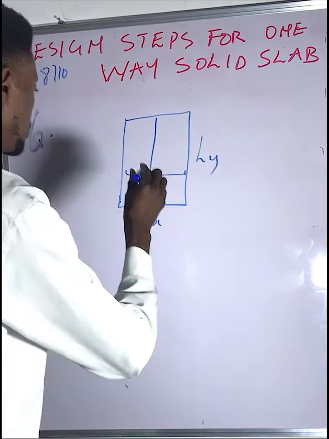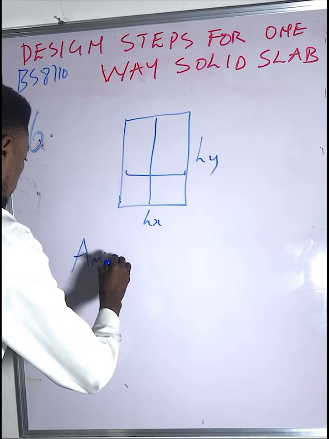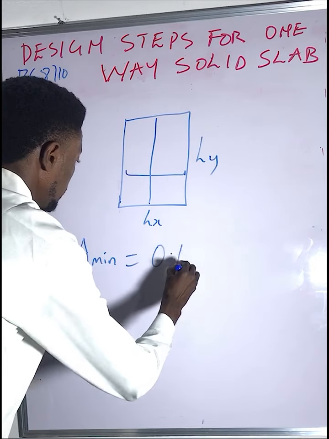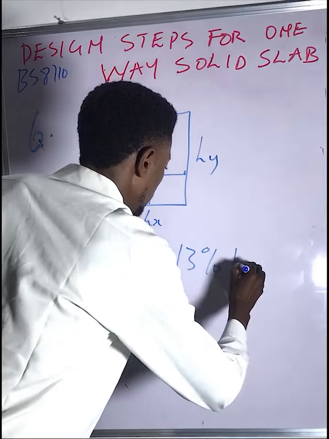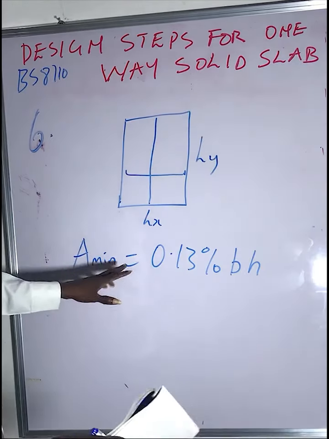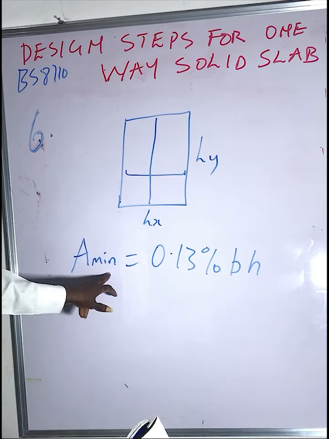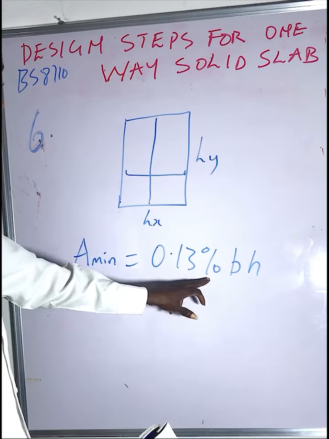The minimum reinforcement, to get the minimum area, A minimum, is 0.13% of BH. Your minimum area for your distribution bars is 0.13% of BH.